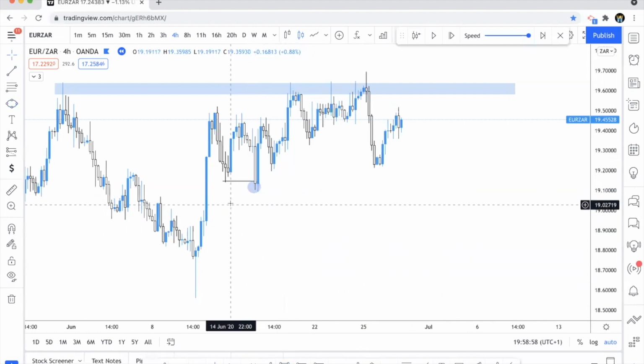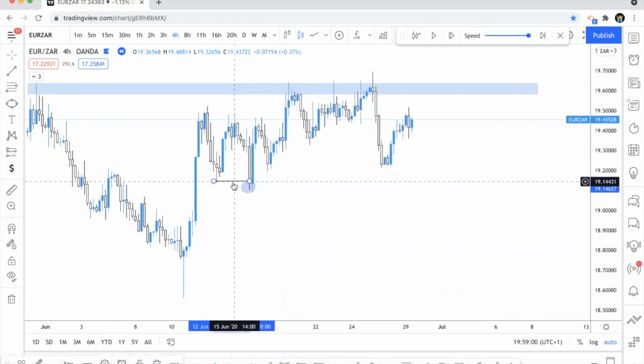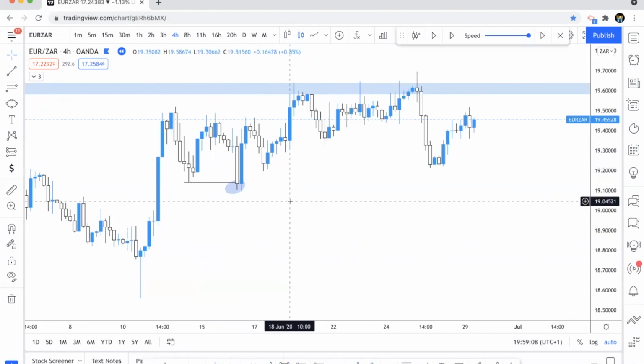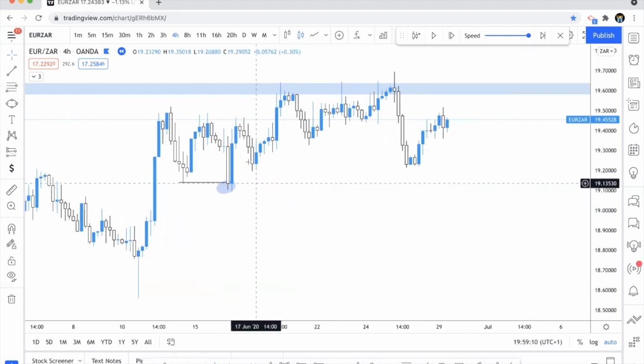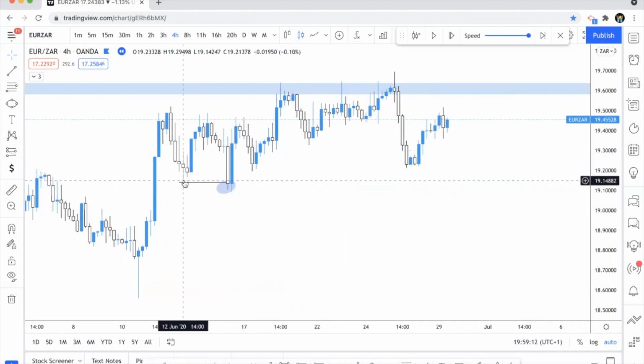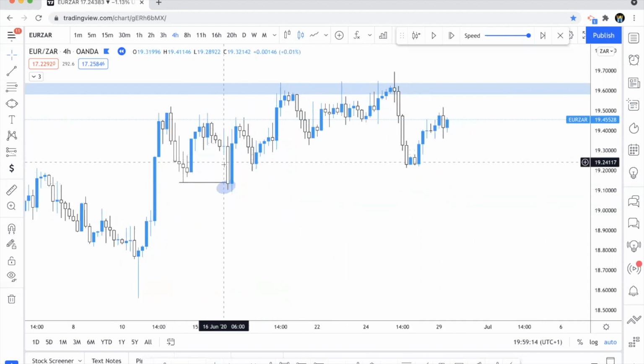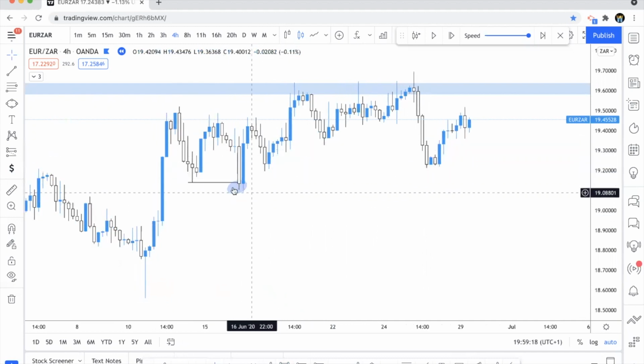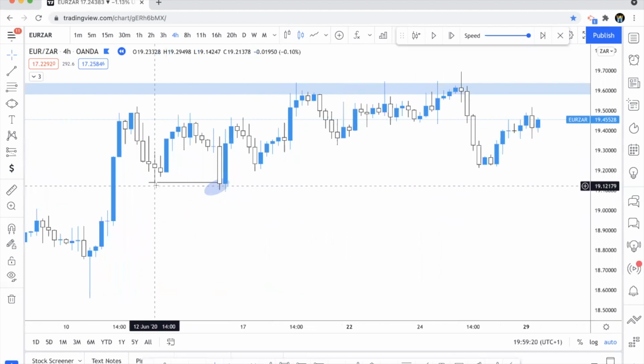A CHoCH has to be broken, or the market has to break the lows first with a strong bearish candle. Even though this candle is very strong and bearish, it hasn't really broken the lows.